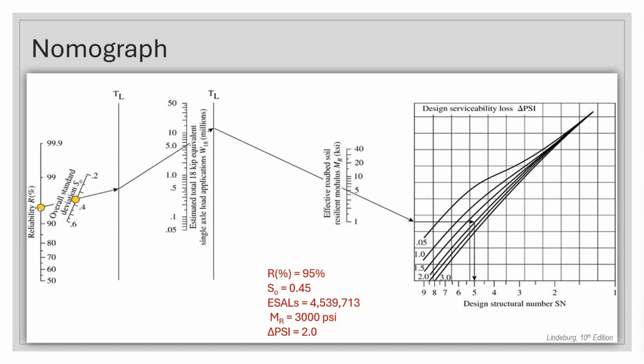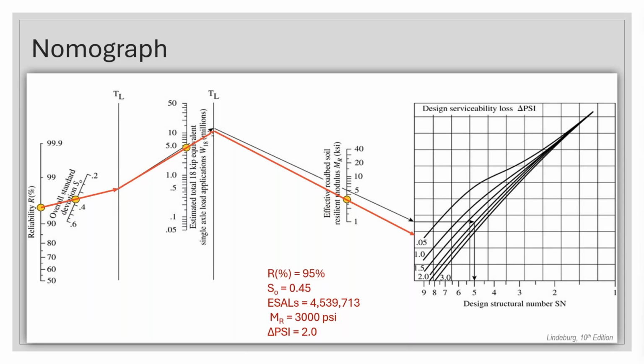If I put that dot there, come across to the turning line, go through my ESALs, I put the dot, and then I go to the next turning line, and then I put my resilient modulus dot. I do realize that the dots are big so you can see them, but it also covers up a lot of the numbers. But the line then goes through that point to the edge of the graph.